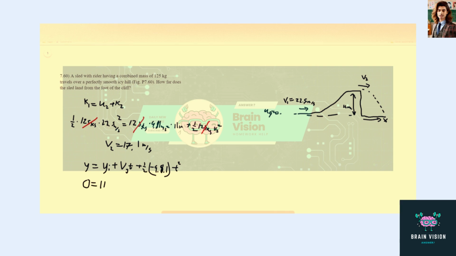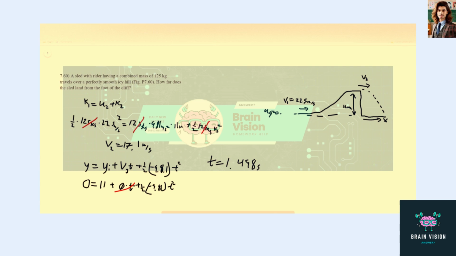The initial height is 11 meters. The initial velocity in the y direction is 0. And then plus 1/2, negative 9.81 t squared. Okay, so solve for t, and we get t to be equal to 1.498 seconds.